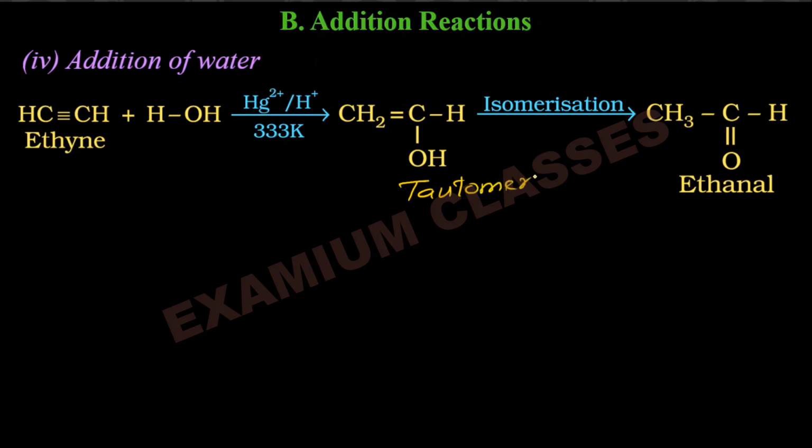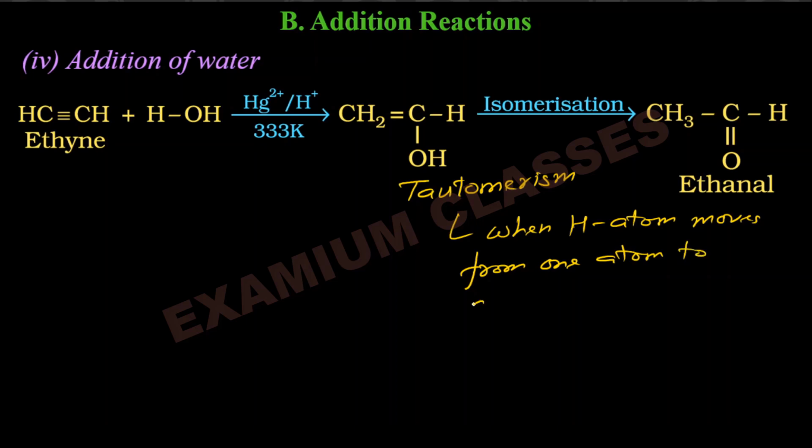Tautomerism is that isomerism when a hydrogen atom moves from one atom to another one, normally carbon. And we actually get here a carbonyl group, and it is ethanal in this case because here you have hydrogen.